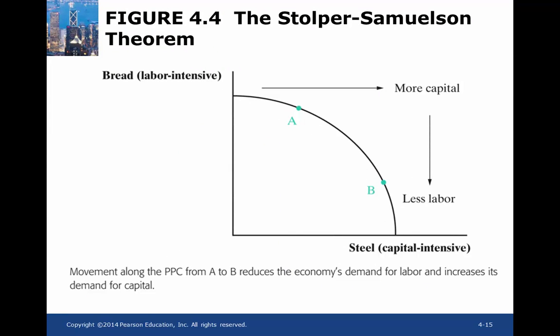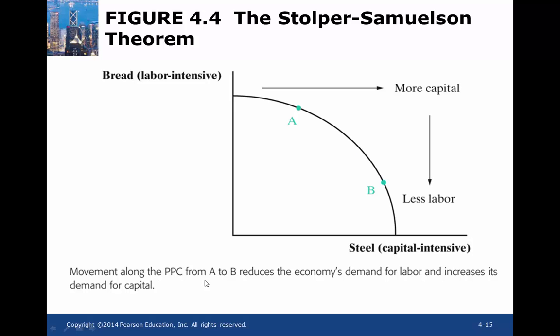Figure 4.4, the Stolper-Samuelson theorem. Here you can see our production possibility frontier. In other words, the production possibility curve is a bowed-out shaped curve showing increasing opportunity cost, and you can see that as you add more and more steel, you have to give up more and more units of bread.